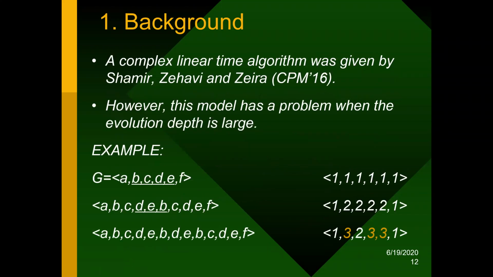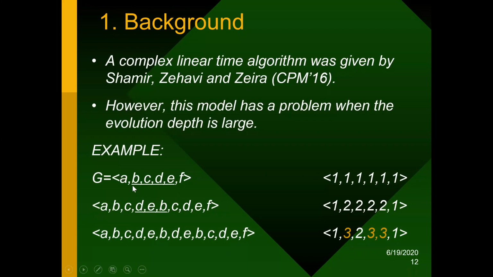Our motivation was that this model, applying duplication and deletion directly on CNPs, might not be exact or accurate if the evolution depth is large. Here is an example. I started with this genome A, B, C, D, E, F, and the corresponding CNP is 1, 1, 1, 1, 1, 1.